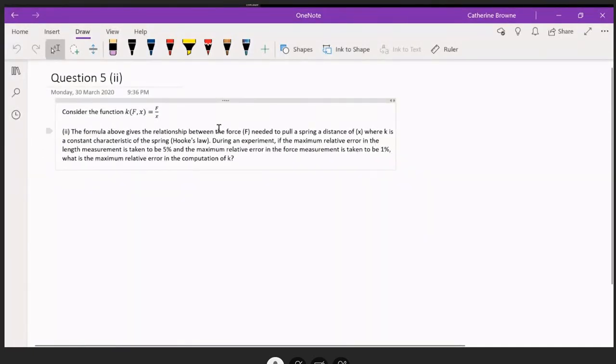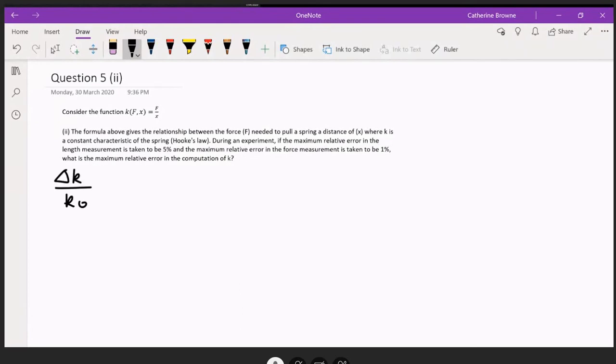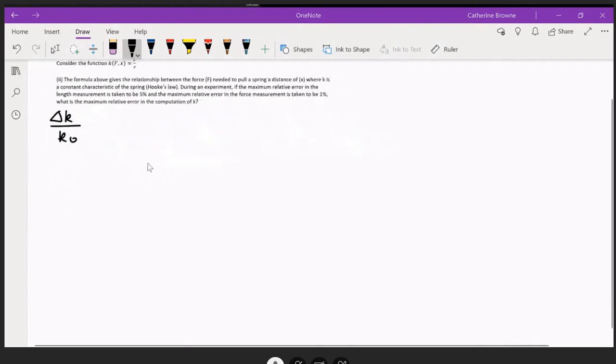And so essentially we're looking for this here. Let me zoom out a bit.